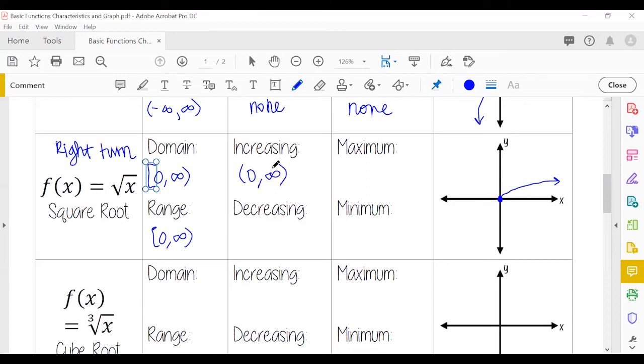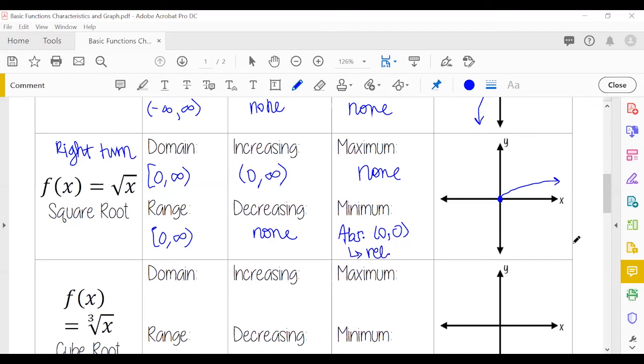Remember, with increasing and decreasing, we always use open parentheses, no closed brackets. It's not decreasing. There is no maximum point here because it just continues on towards infinity, but there is a minimum point, and that's at the origin. And I labeled this as absolute last time. We can do the same thing. And then again, by extension, this is also relative.